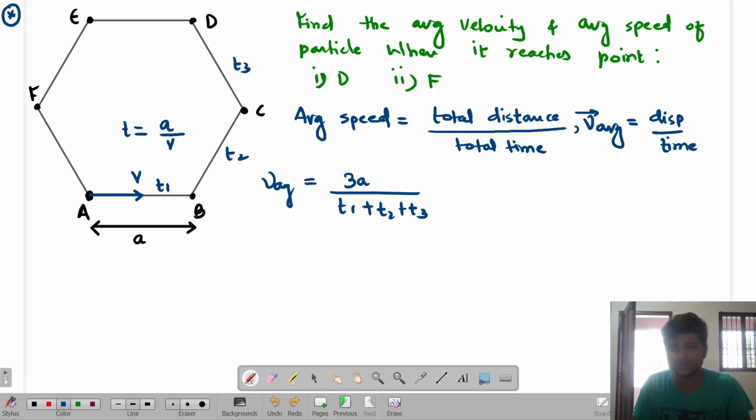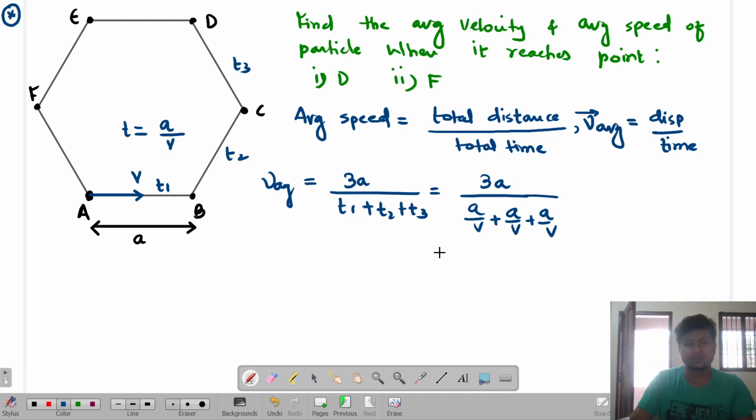Alright guys, can you understand me? So then this is what? 3a by t1 plus t2 plus t3, that is a by v plus a by v plus a by v. So average speed is equal to 3a by 3a by v.